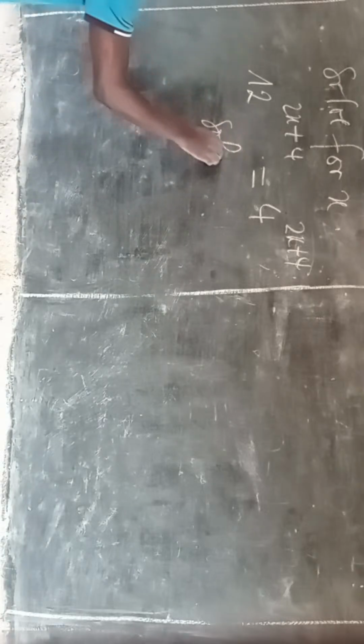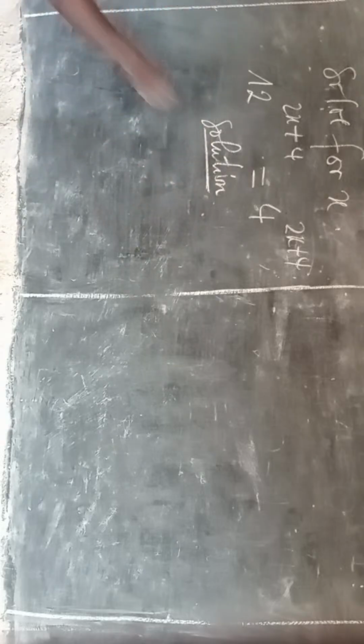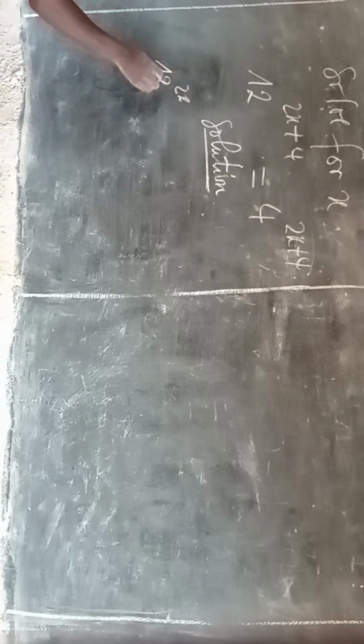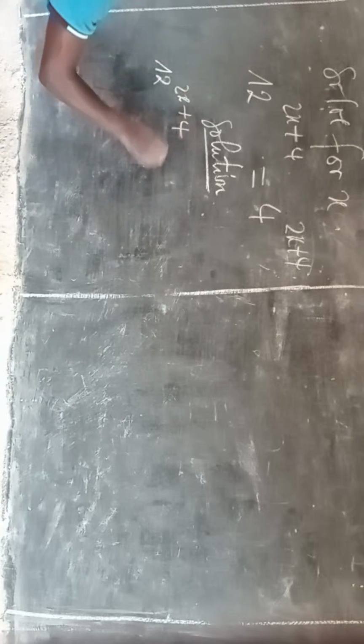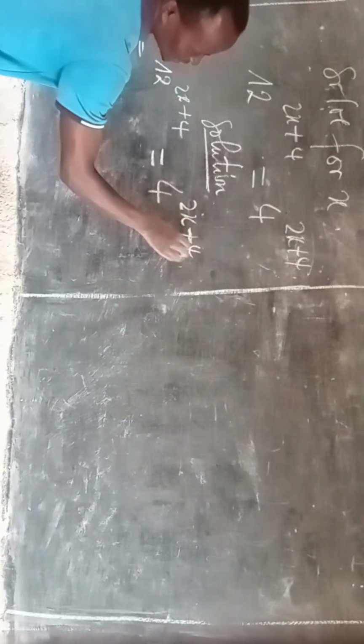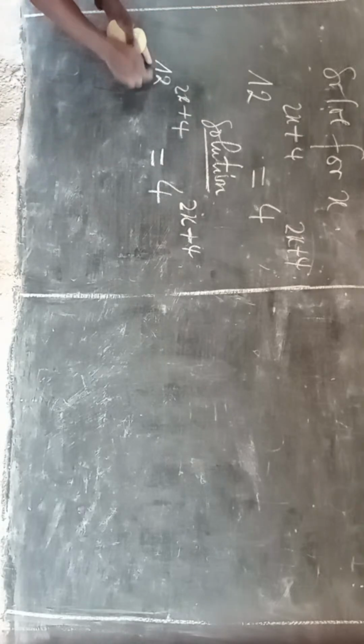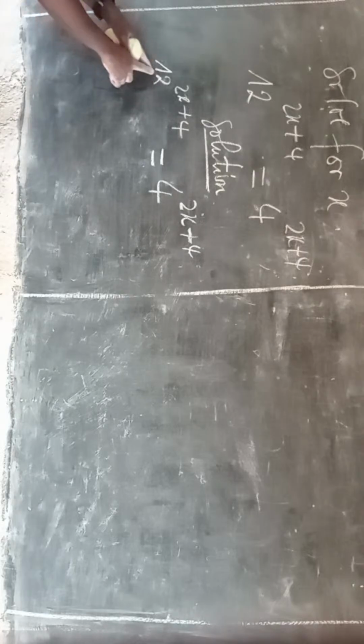Now, we have a solution. We have given 12 power 2x plus 4 is equal to 4 power 2x plus 4. What are we going to do? We are going to find the factors of this 12.